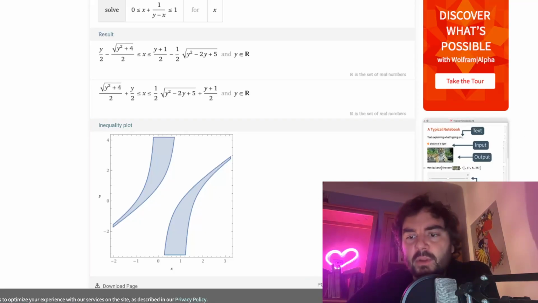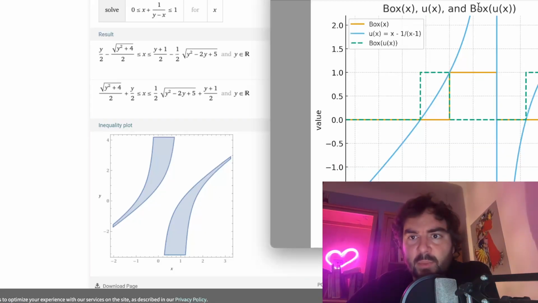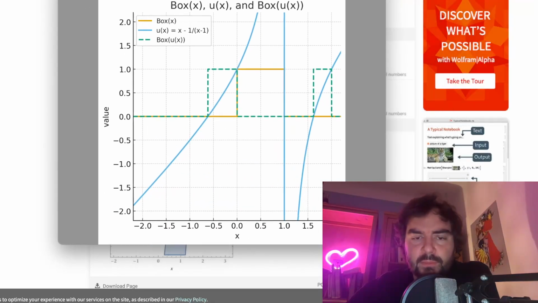I made another plot to visualize this, like this box situation here. So here we have this characteristic function drawn in orange. You don't see it fully because there are so many colors. But it basically is 0 till 0, then it's 1, then it's 1 till 1, and then it goes down. If you integrate over it, you get, of course, the volume, which is 1.